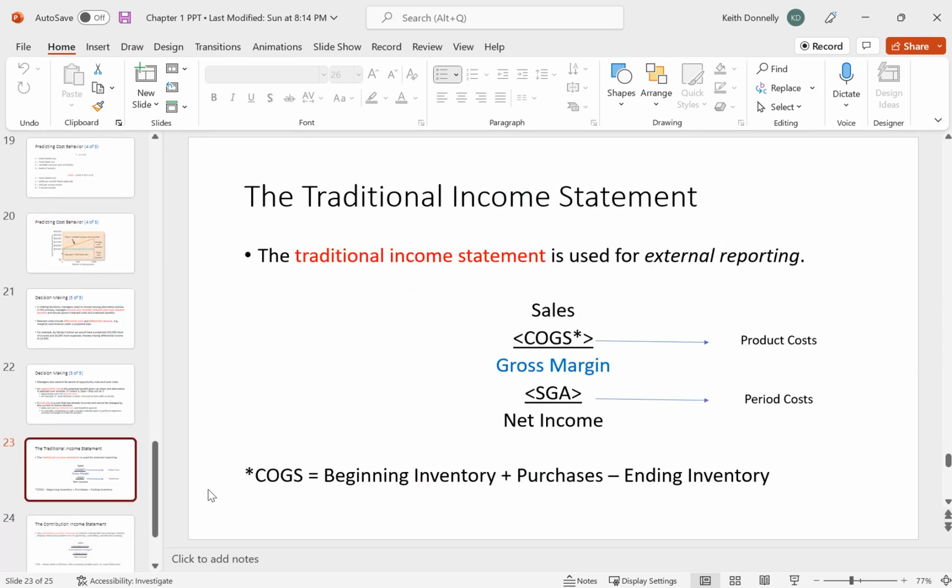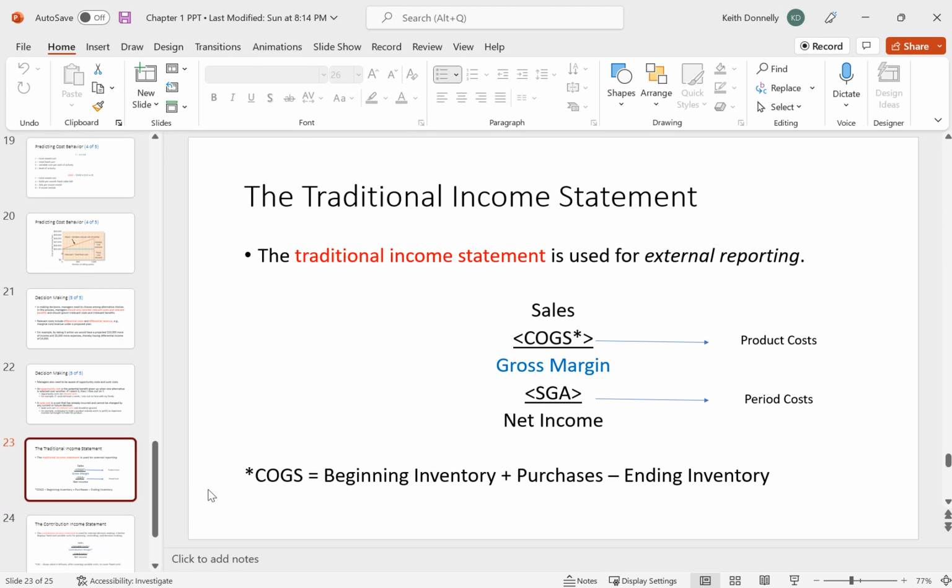Now, the last thing we'll talk about here is the difference between the traditional income statement and the contribution income statement. One is used more for external reporting, whereas the other is used for internal purposes. So the traditional income statement is like the traditional one you learned in financial accounting.